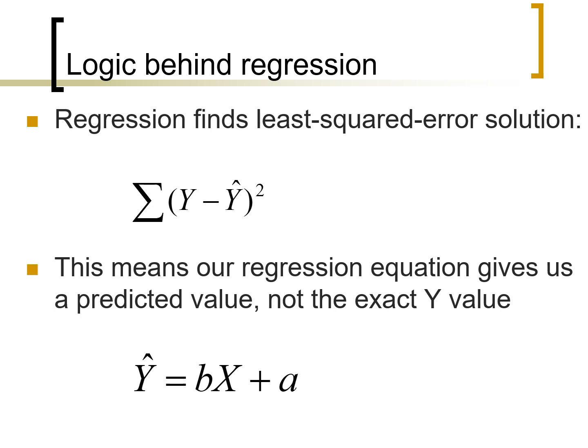And again, this little hat over the y says that we got this equation, our slope and our intercept, based on our sample data with predictor and criterion values, but now we got the equation. We're just going to take X values, pop new people in here, and come up with predicted outcome or Y values.